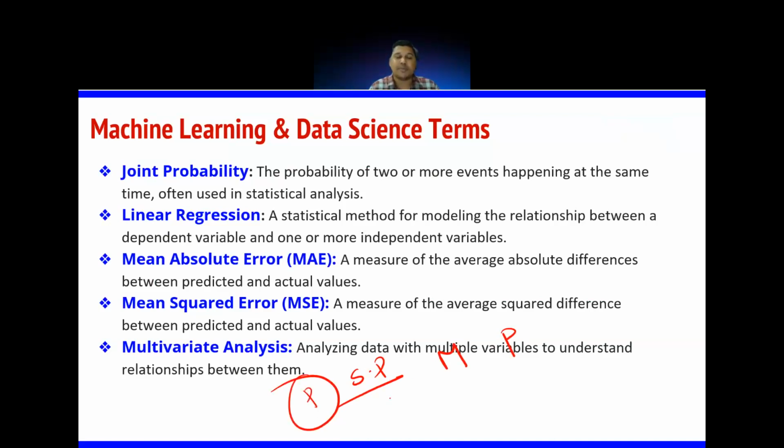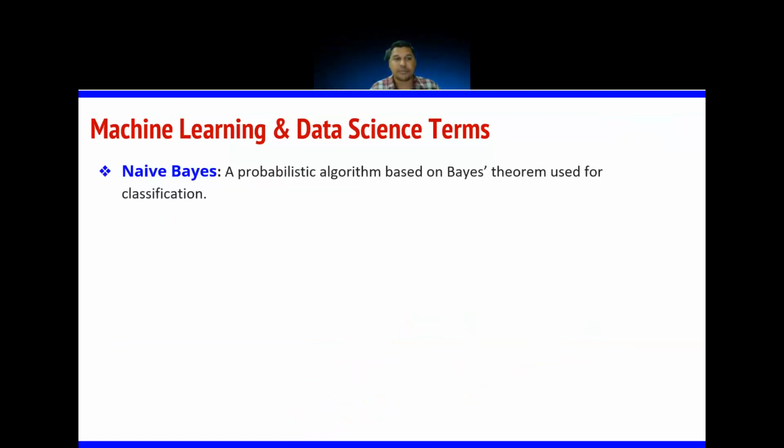So you're analyzing the student's performance in terms of mathematics and programming skills, not only mathematics. If you're doing analysis between the student's performance in the mathematics subject and his placement, or the programming subject and his placement, that is univariate analysis, a single variable. But if you're dealing with multiple variables altogether, then we say multivariate analysis.